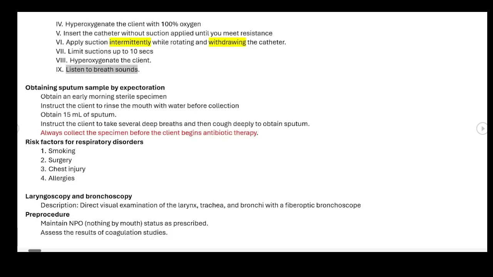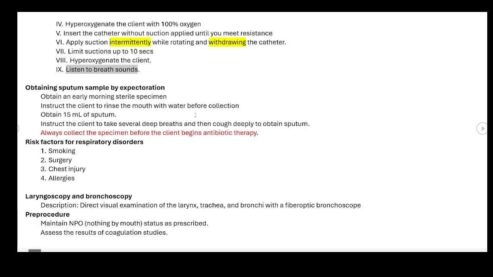Now, the other one is when the person can cough. In this case, you just have to educate the patient as to how to get the samples. So let's look at this. The preferred specimen is the early morning one, but you instruct the client to rinse their mouth with water before the collection.